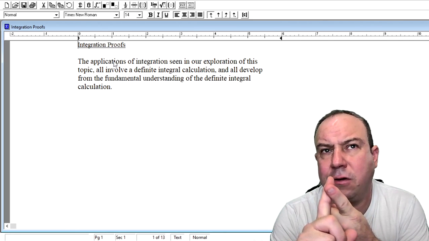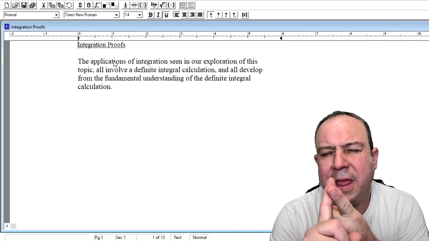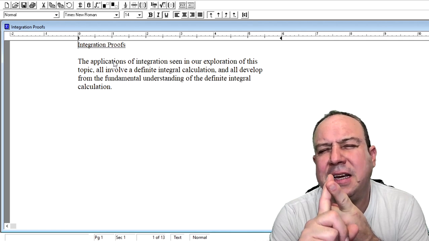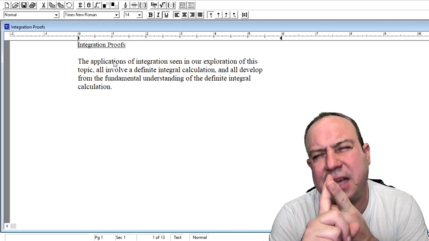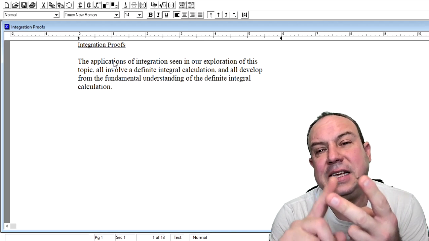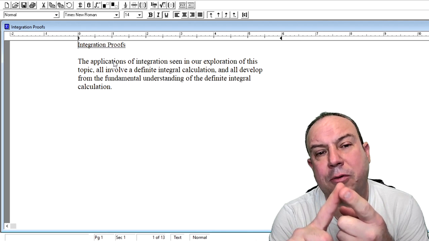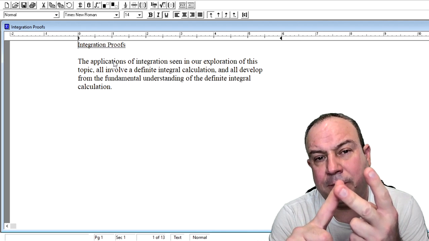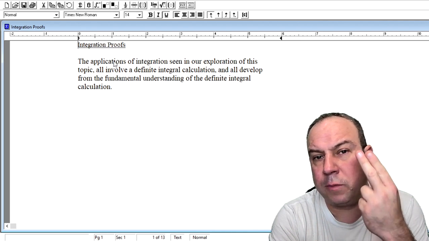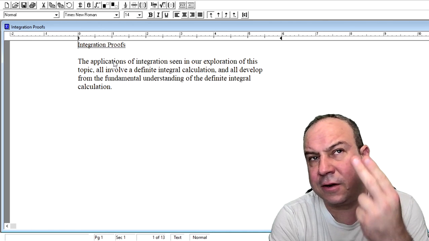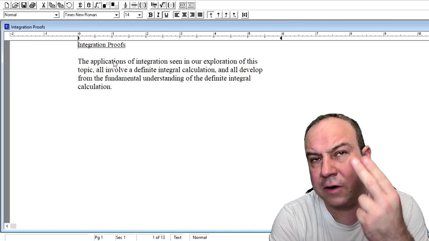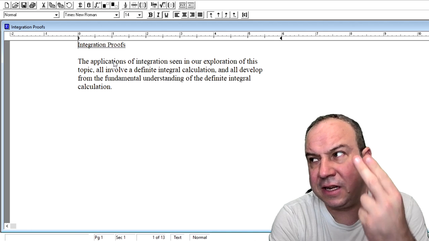That definite integral calculation that we perform comes from the understanding that what we are actually calculating is the limit of a Riemann sum. We are applying a limit operator to a Riemann sum, and we are forming what we call a definite integral operation, or performing a definite integral calculation.